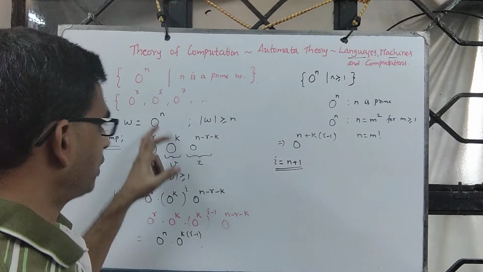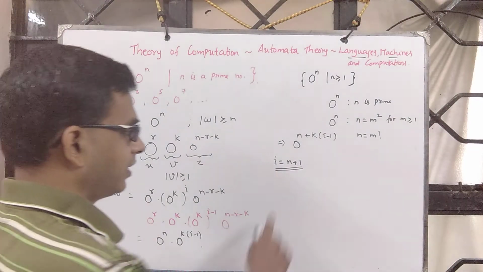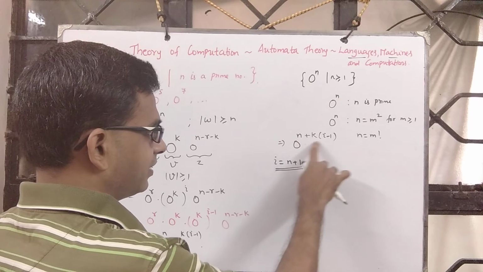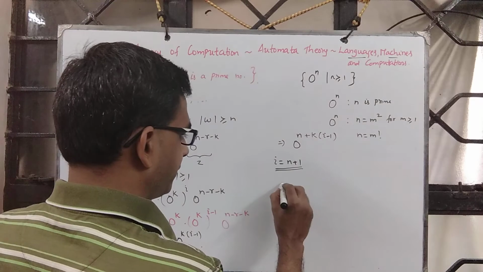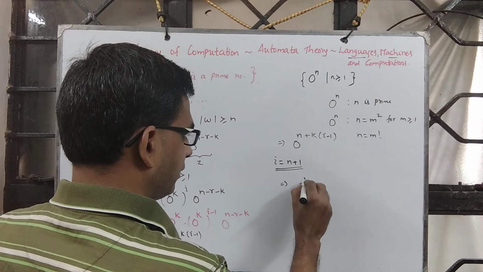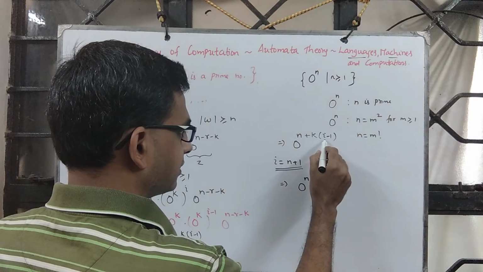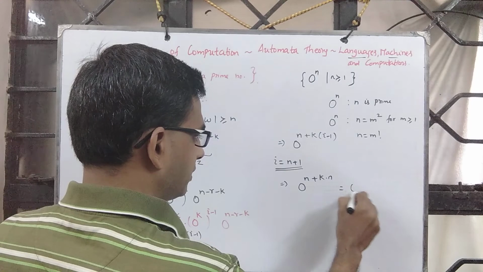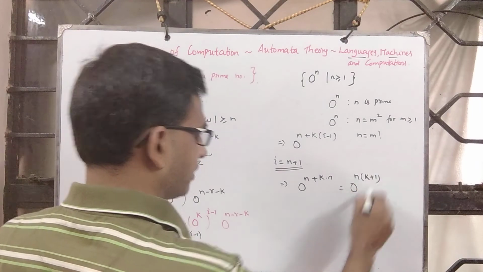I choose this carefully so that on simplification this becomes a composite number. Now you substitute this, we get 0 power n plus k times i, where i is n plus 1, so this becomes n. So on simplification we get n into k plus 1.